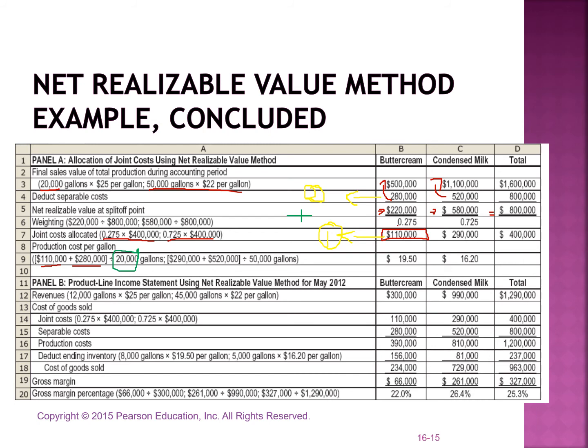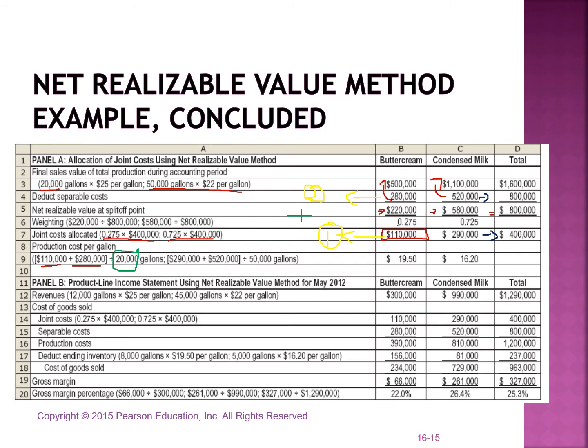The same will be done for the condensed, which means I will add the 290 and the 520, and I will divide it by the 50 gallon. Then the cost per unit is 16.2.